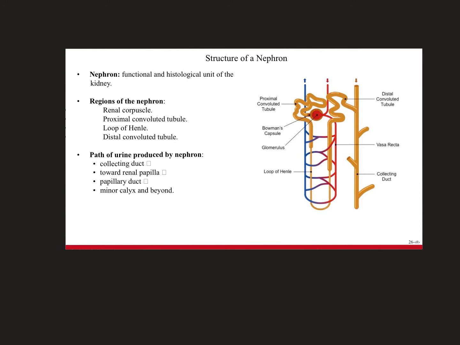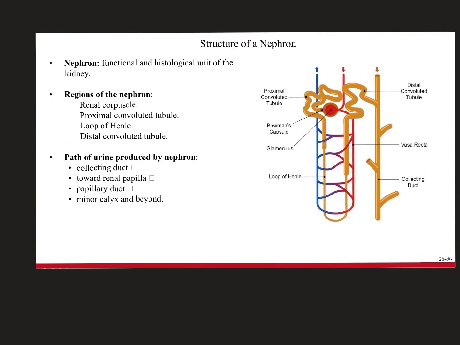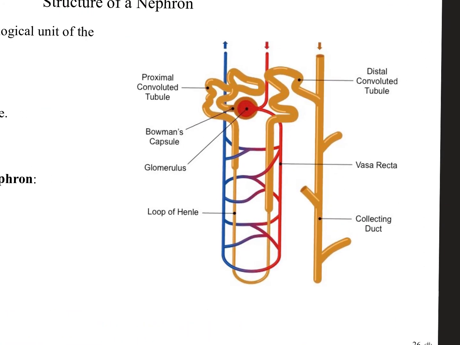Okay? It's also the histological unit of the kidney. So when we look at kidney tissues, we're really paying attention to what's happening in the nephron. Okay? So when you look at a nephron, we know that we've got 4 major structures, okay? And you need to understand these structures.